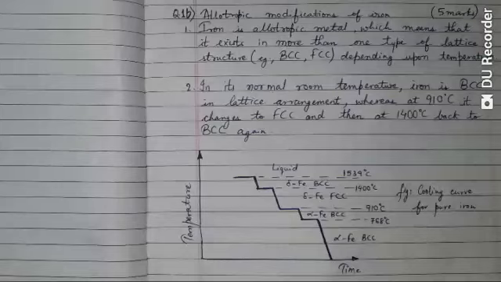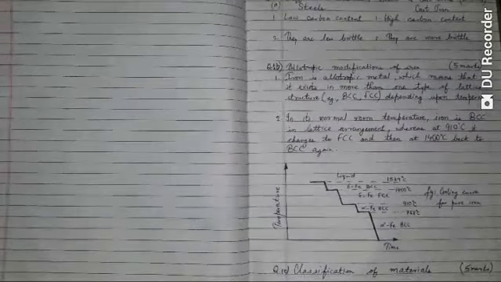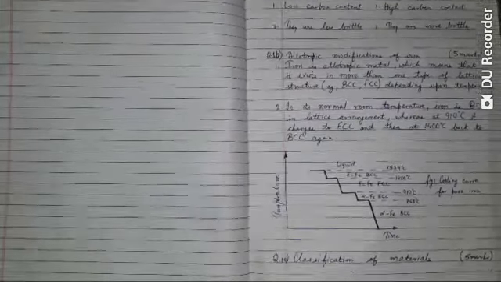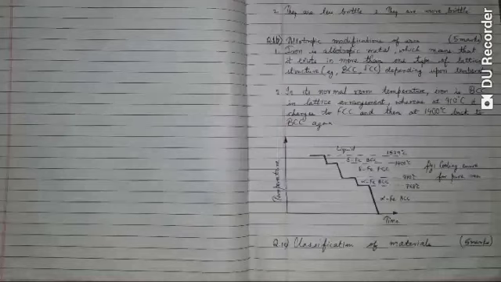And it is shown that it is like alpha, okay, up to 910, and then after 910 it is delta. Okay, so this has been represented in this diagram. So you have to elaborate each point and also explain the diagram in detail. Here I have given you just the small explanation about the question.